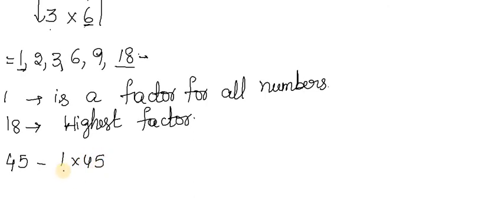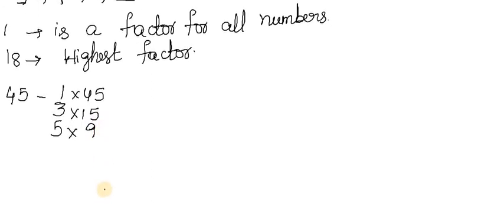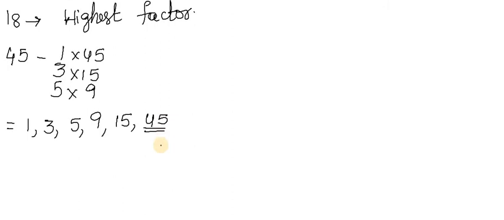The 2 table, it will not come. 3 table, 15 threes are 45. 4 table will not come. 5 nines are 45. 6 table will not come. 7, you are not getting. 8, you will not get. And 9 is already there. So first we will write the factors 1, 3, 5, and now from down to up, 9, 15, 45. This is the highest factor we got, which means we have written it correctly.